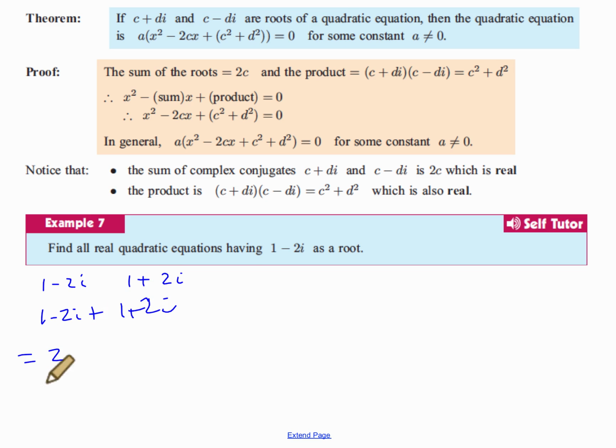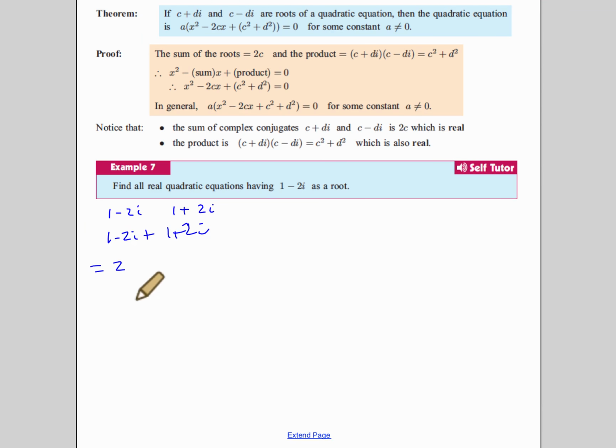And if we do the product of them, let me extend the page. 1 minus 2i times 1 plus 2i is equal to a squared minus b squared. So that's 1 minus 4i squared. I squared is -1, so that is equal to 5. Okay, so what do we have here? What's happening? Well, we are of the form using this right here.